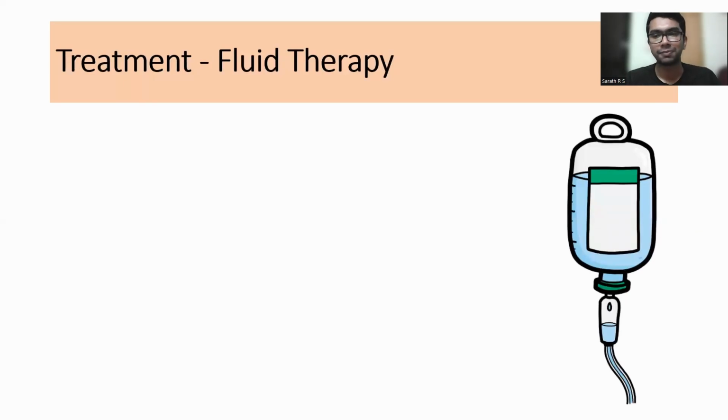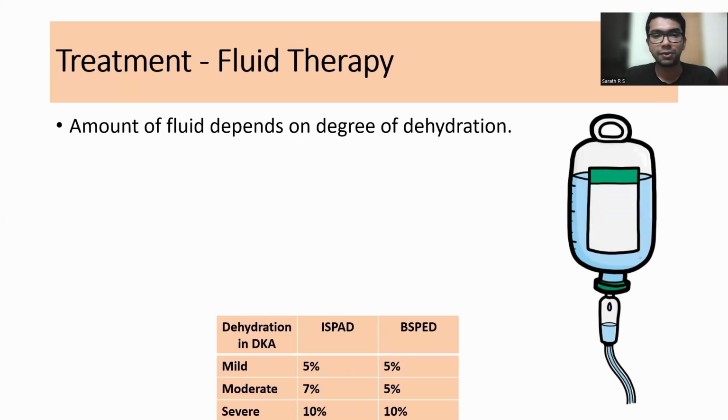Coming to fluid therapy, it's one of the trickiest components in this DKA algorithm. It's tricky because we have to give an adequate amount of fluid, otherwise the DKA won't improve. If you give an excess amount of fluid, that is overzealous fluid therapy, it can precipitate the most dreaded complication of DKA management, that is cerebral edema.